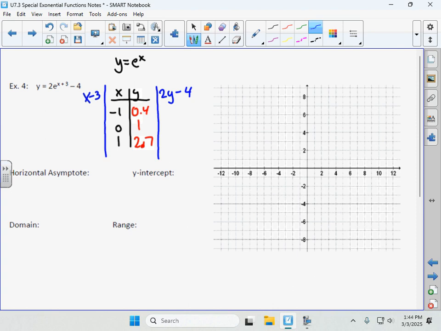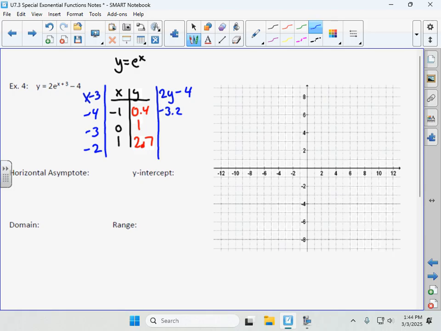All right. So the x is -1 minus 3 is -4. 0 minus 3 is -3. 1 minus 3 is -2. For the y's, go ahead and use the calculator. 2 times 0.4 is 0.8, and then minus 4, so it's -3.2.